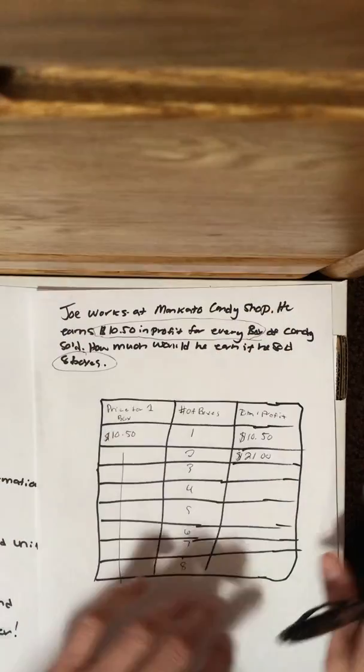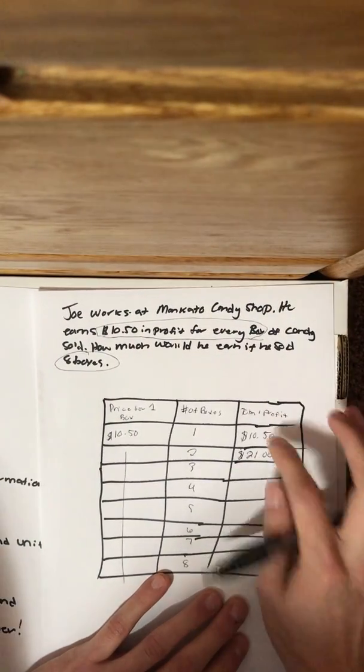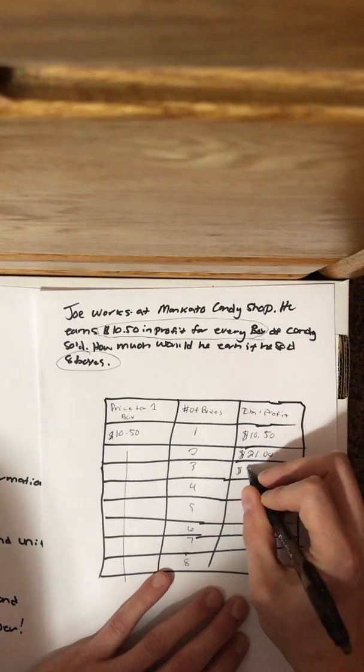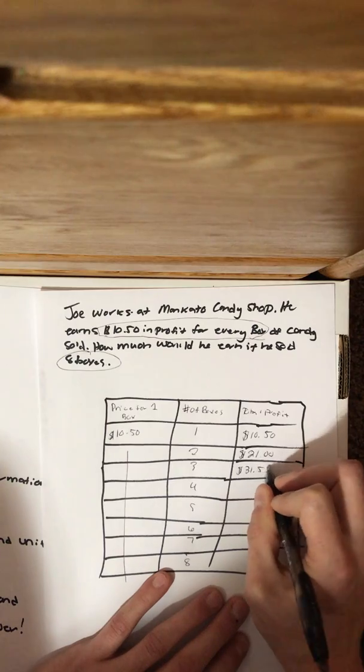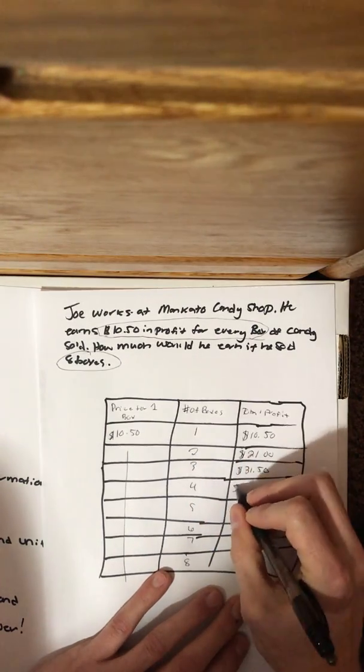We know that because $21 is 2 times $10.50. And to get 3, we'll just add $10.50 onto that number, which gets us $31.50. We'll double the 2 to get 4, so that's $42.